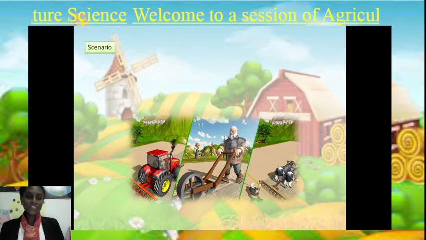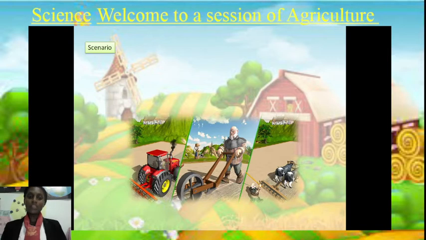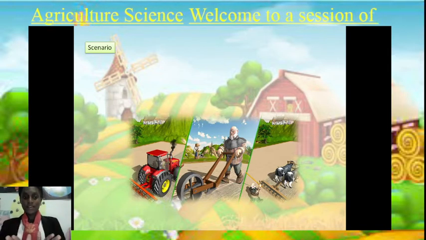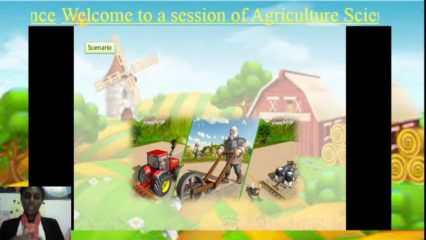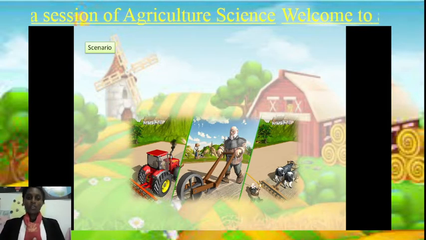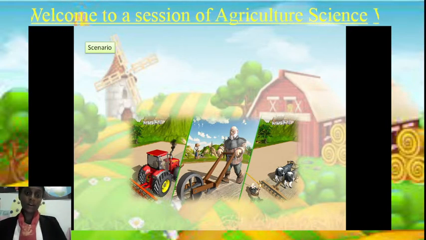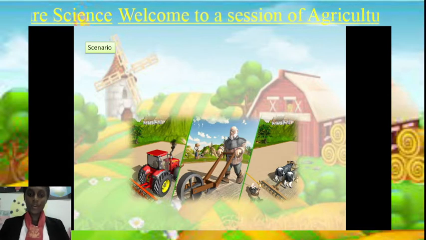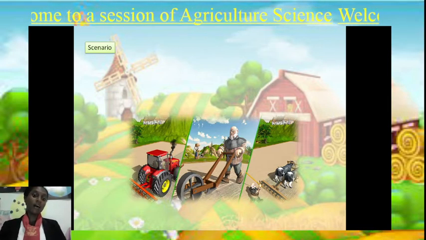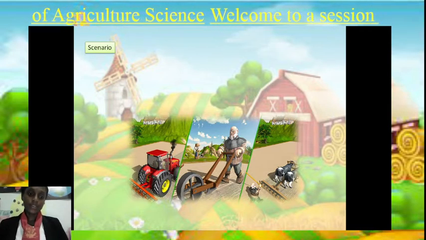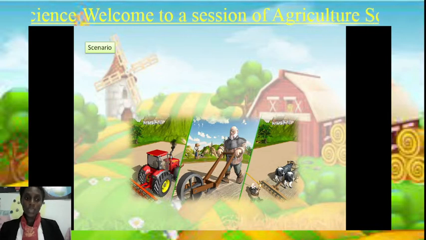Again, the first thing I want to talk about is this scenario that I have up here. I want you to take a time out to just observe what you're seeing. Okay, and I'm going to get into this now. Let's just focus on the middle pane of this photograph. There we observe that there is a farmer and he has a simple machine that is operated by just a wheel.